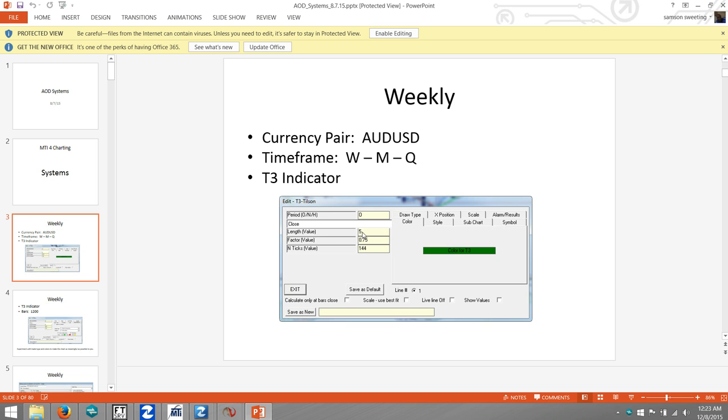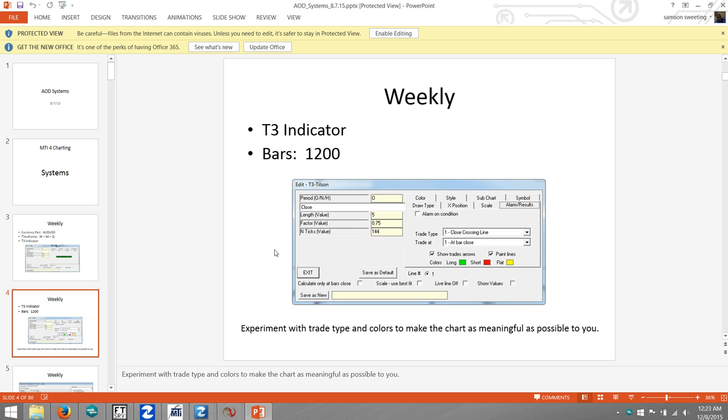Basically, it's telling you the length value, the factor for the T3 Tilson, and the ticks, 144. Then you go to the next, and the time frame is weekly, monthly, quarterly. And then the next thing is another T3 indicator, own time frame, 5 length, 0.75 factor, and 144 ticks. And you can enter those into the UCS as well.